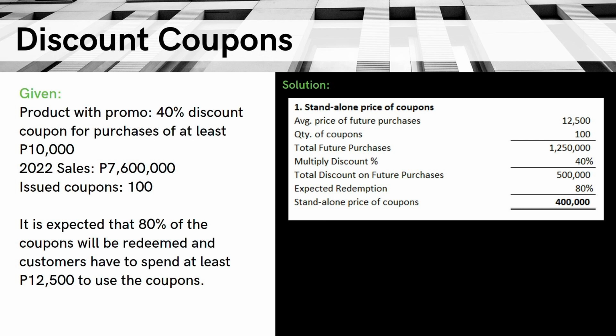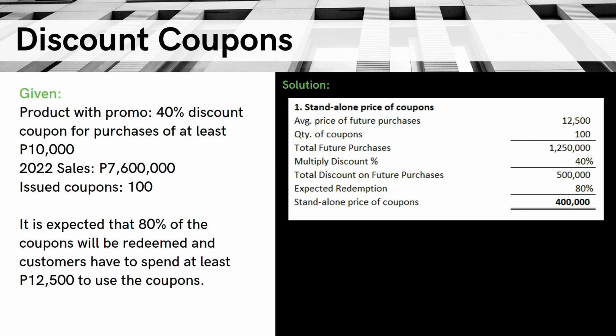So, 40% is the discount rate. That is a total of 500,000. So, that is the expected discount you will give in the future, 500,000. And then, your expected redemption is just 80%. So, multiply 500,000 by 80%, that is 400,000. So, that is the standalone price of the coupon. So, this is not yet our value.